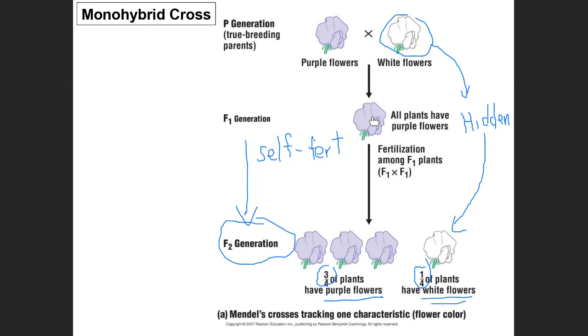So what did that tell him? Even though none of this F1 generation ever produced white flower colors, that doesn't mean the information for white flower colors wasn't passed on from this one of two parents to its offspring. It was just hidden. Now, he didn't know how it was hidden, but he knew it was hidden. And where was the proof?